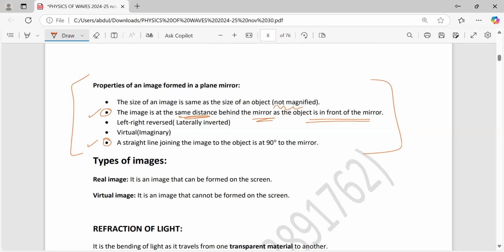You move away from the mirror, you will see the image getting away from the mirror, inside the mirror. So if you are standing at a distance of 20 centimeter in front of the plane mirror, your image, according to the theory, should be 20 centimeter behind the mirror.